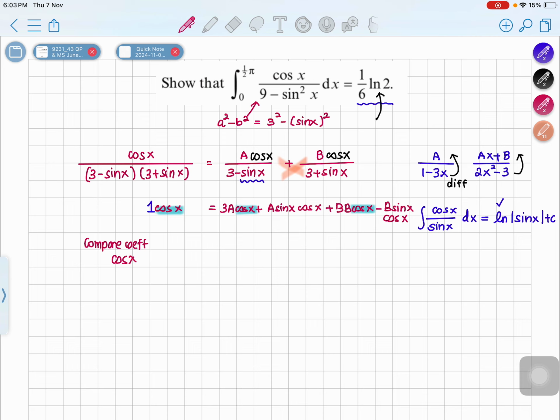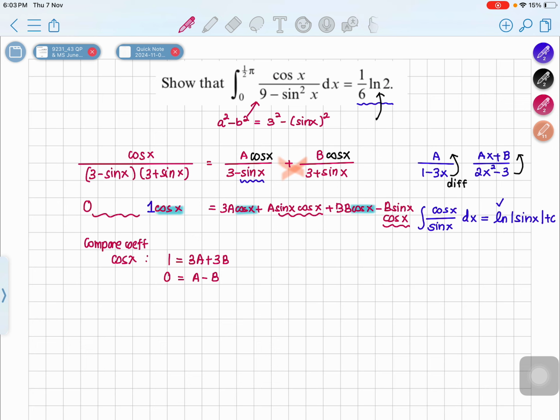When I compare the coefficient of cos x, I end up getting 1 equal to 3a plus 3b. I also have sin x cos x here, where the coefficients are a minus b from my right hand side. So what do I have on my left hand side? I have nothing remaining, so logically you have to take it as 0.